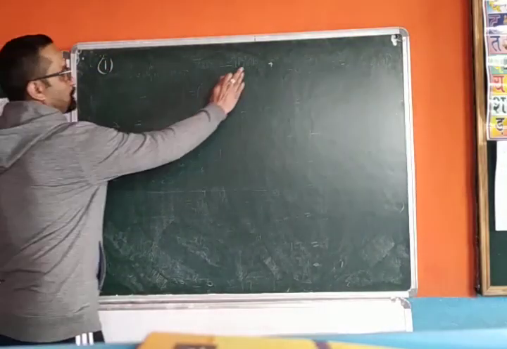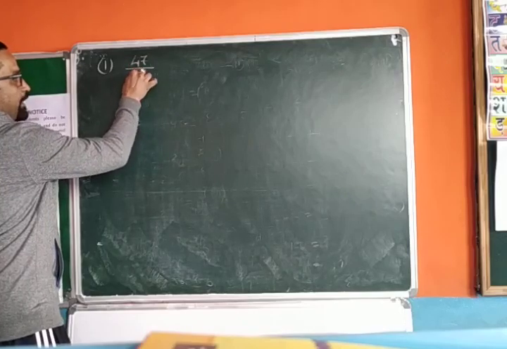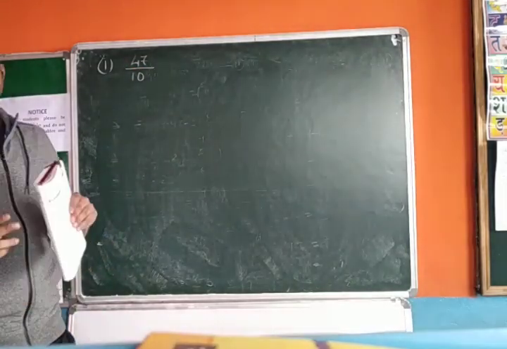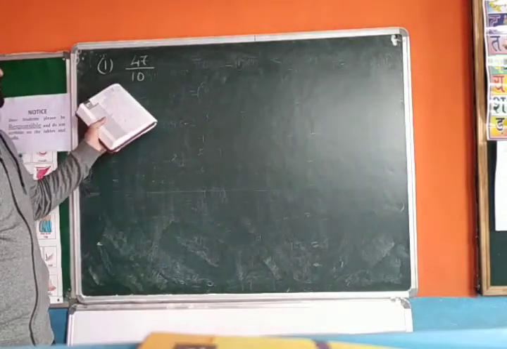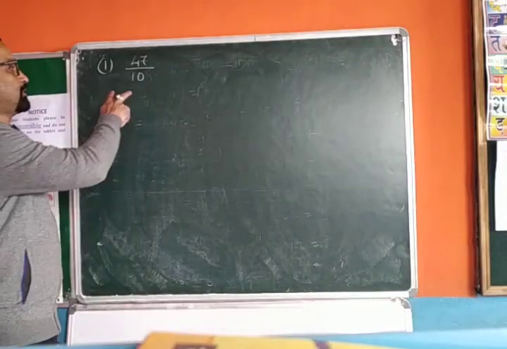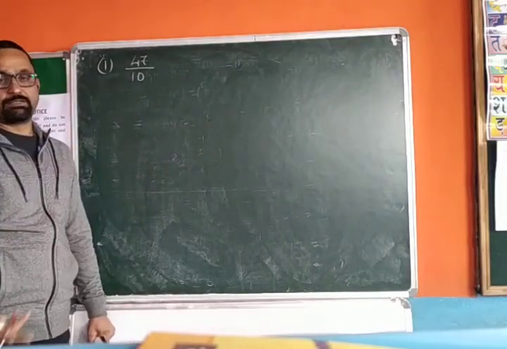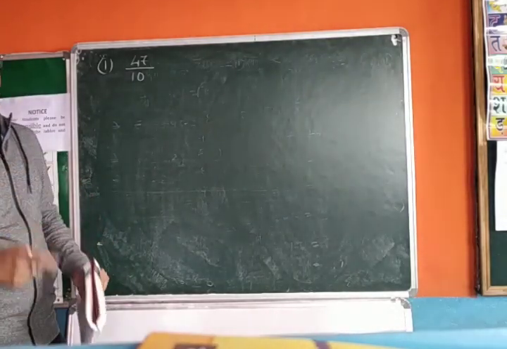First example, 47 upon 10. In yesterday's video, I had taught you how to convert a given fraction into a decimal fraction when the denominator is 10. I am teaching you again.